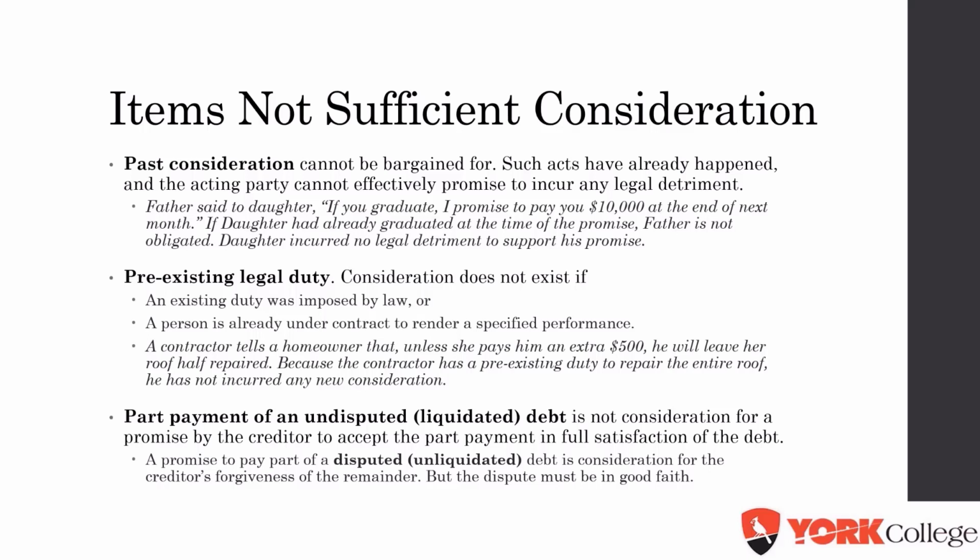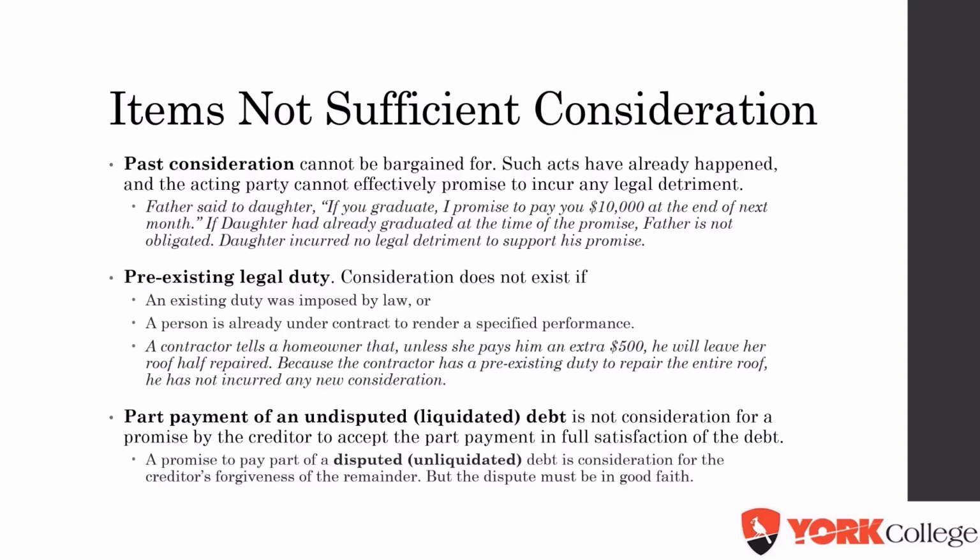If, however, the debt in question is disputed, in which there's not one single creditor who legally is able to collect on the debt, but there's more than one creditor or purported creditors, then one of the creditors could ask the debtor saying, hey, if you pay me 25% of this debt, then I'll forgive the remainder.